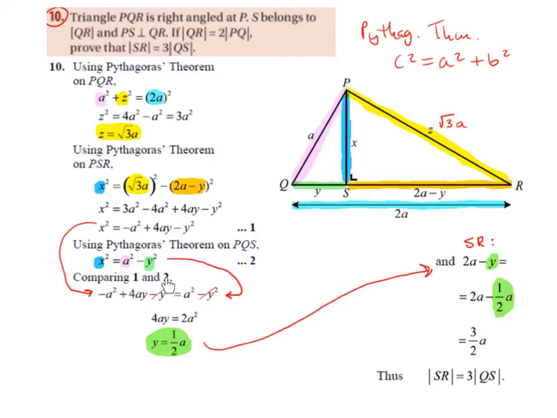And comparing 1 and 2, we notice that they are both equal to x squared. So we have x squared equals this, and then x squared equals this. So we can let each of them equal each other. So we have minus a squared plus 4ay minus y squared is equal to a squared minus y squared.